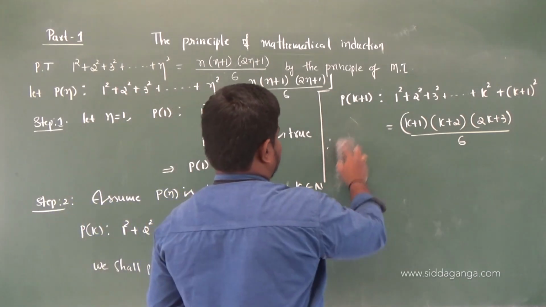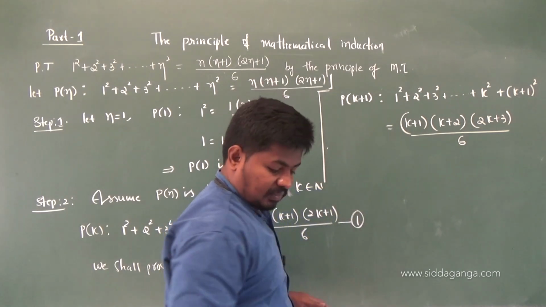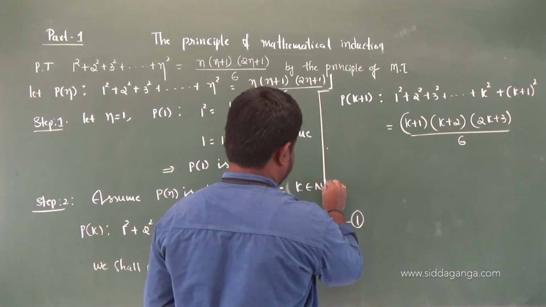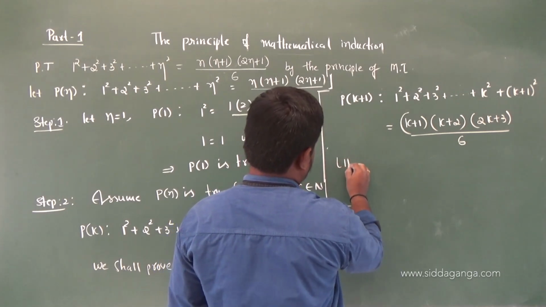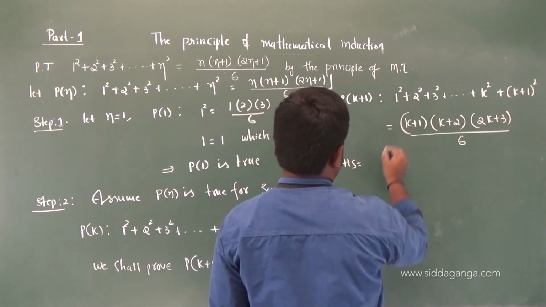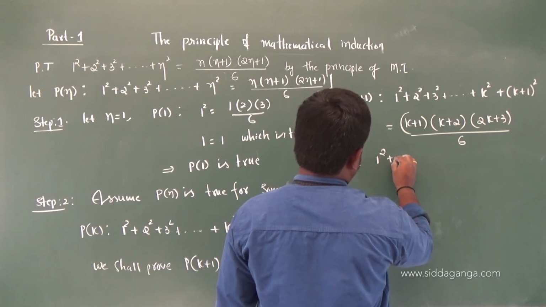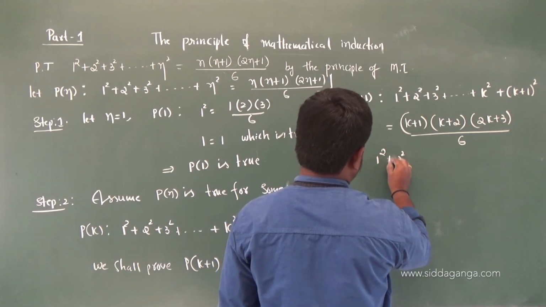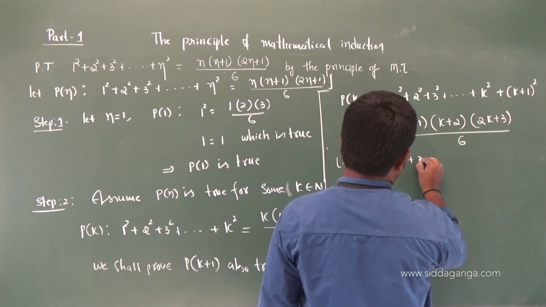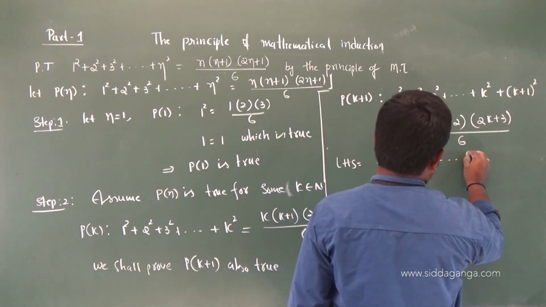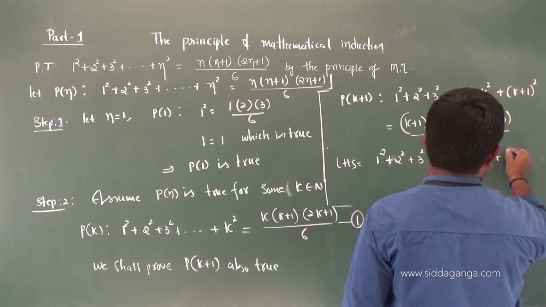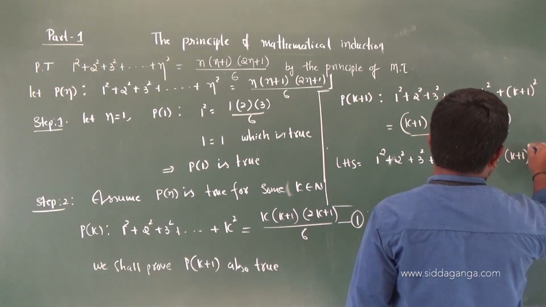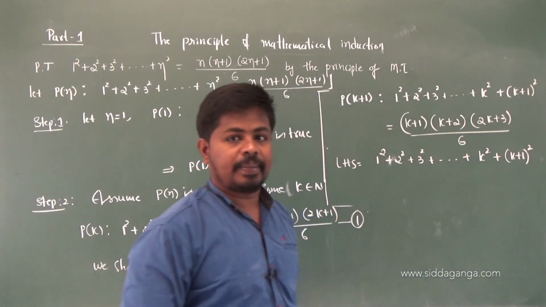Okay, so let me prove this. For that I am going to take LHS. What is LHS? LHS is this one, 1 square plus 2 square plus 3 square and so on, k square plus k plus 1 whole square, right?